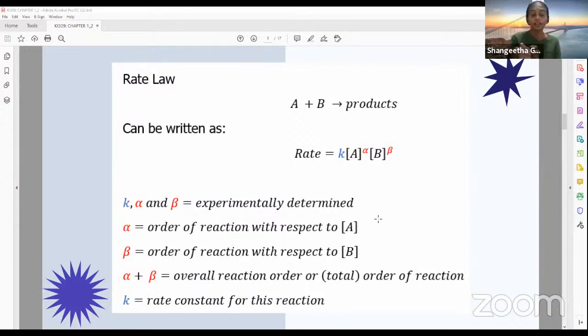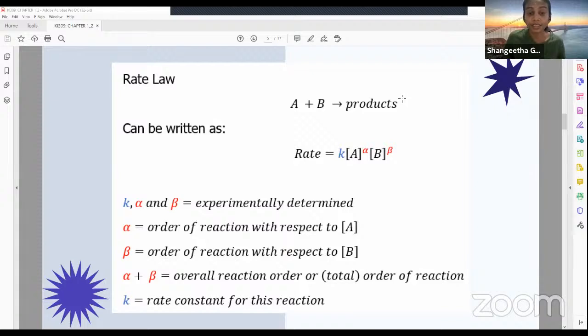Your rate law, let's say for this reaction A plus B to get the products, can be written as rate equals k, which is your rate constant, times the concentration of A to the power of alpha, times the concentration of B to the power of beta.